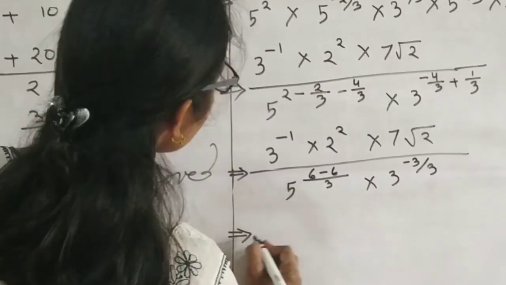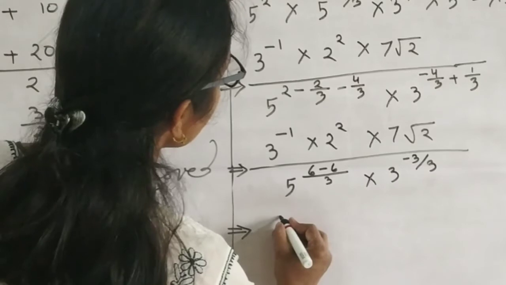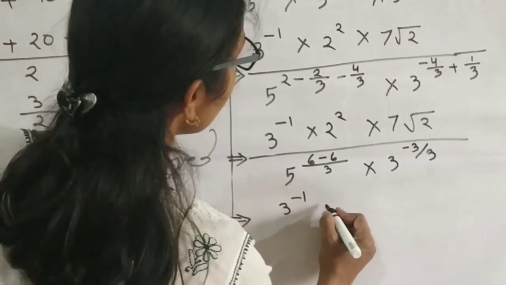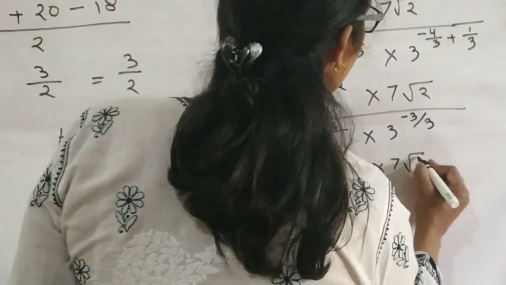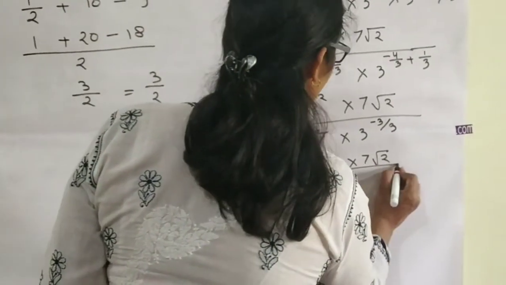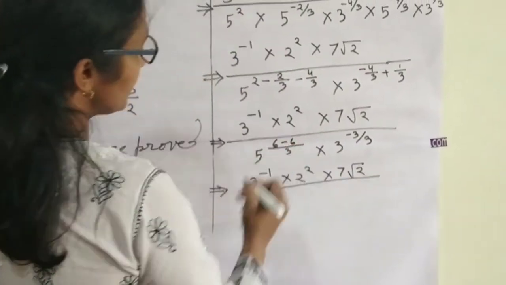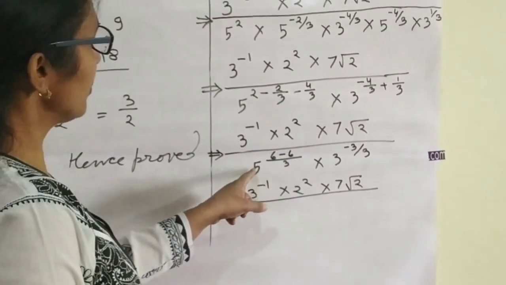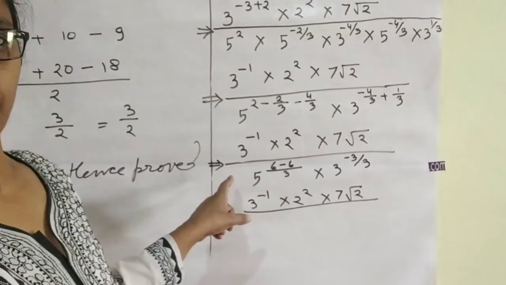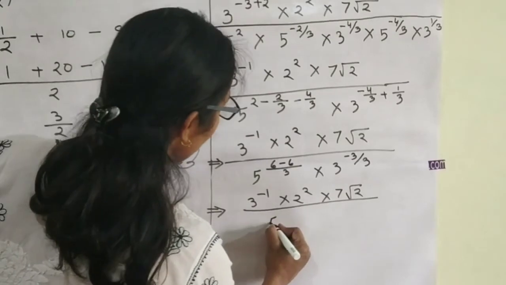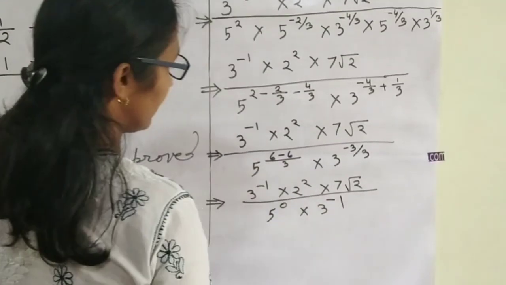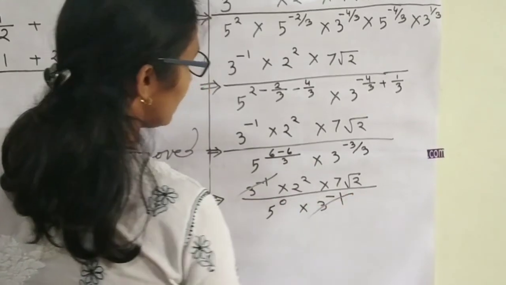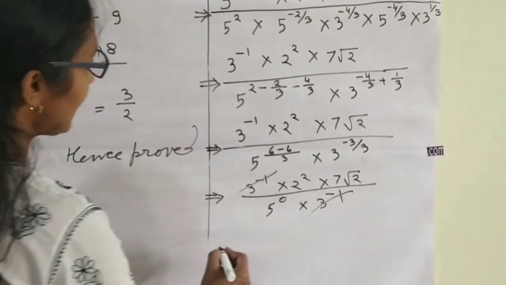So, in the next step, 3 power minus 1 into 2 power 2 into 7 under root 2 upon 5 power 0, 6 minus 6, 0. So, its value will become 1. So, 5 power 0 into 3 power minus 1. 3 power minus 1, 3 power minus 1 will be cancelled.